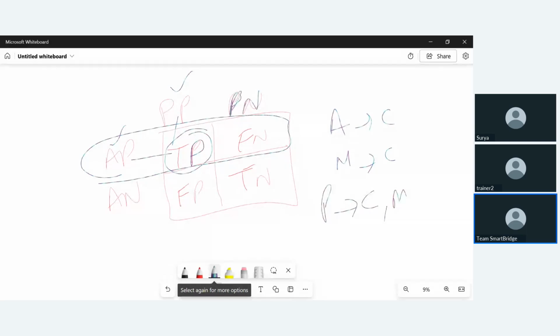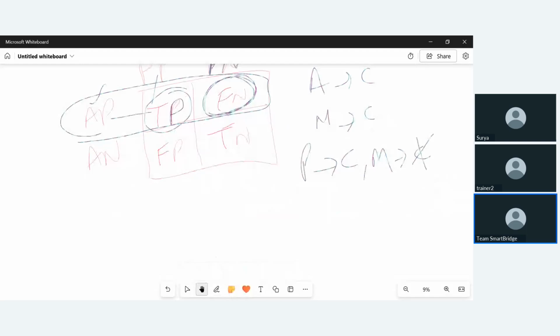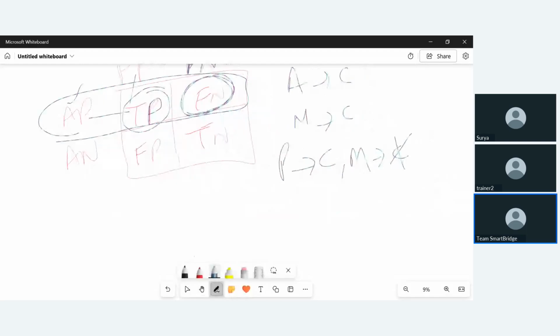Now it is giving false negatives. It is giving a negative value, that cancer is not there, but it is false. Actually the value is positive, but it is predicted false negative.